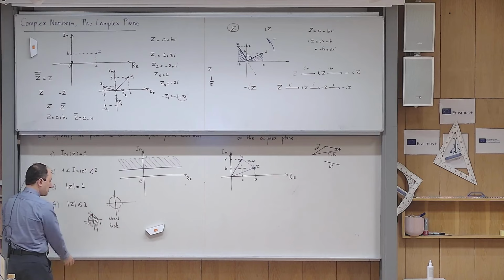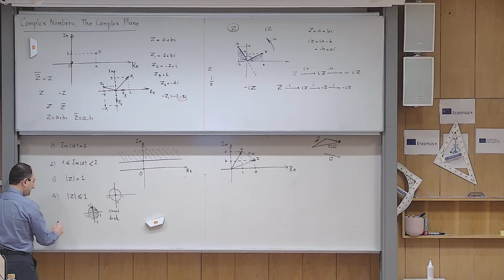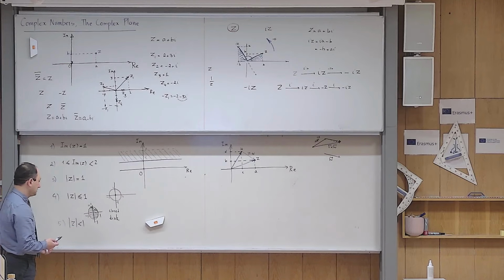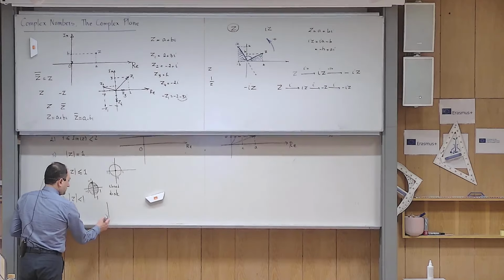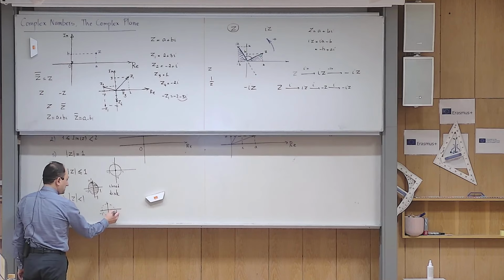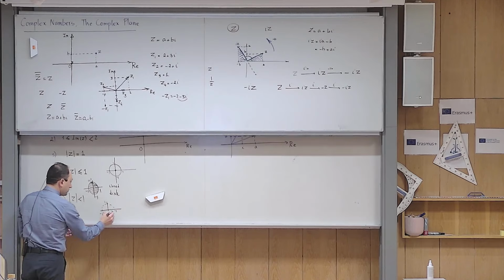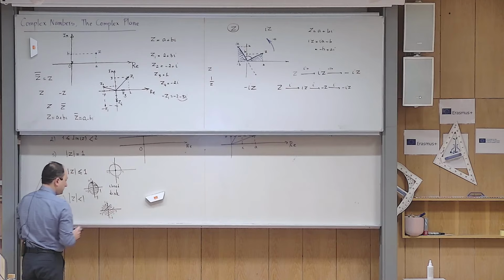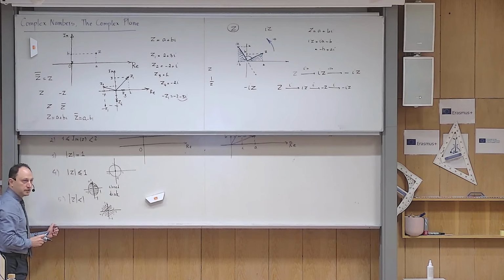But if I give you the same with less than 1, and ask you to draw this region, you have to draw the boundary as a dotted line to show that these points are not included. And then of course you have to color the inside as well. Is that clear?